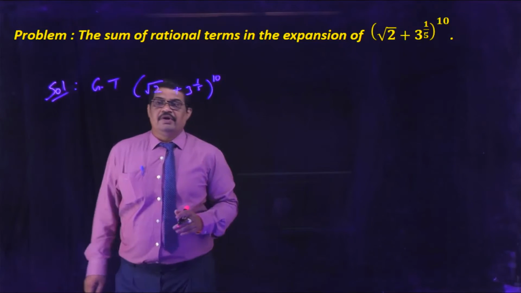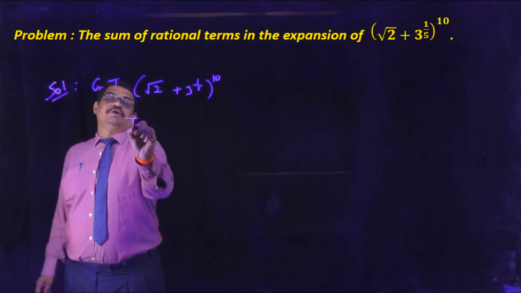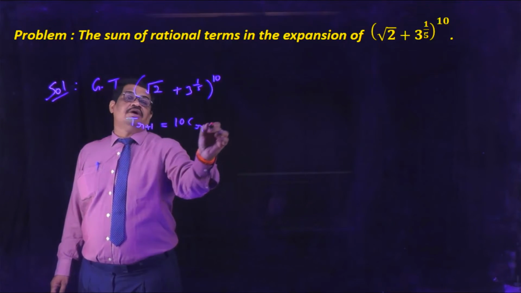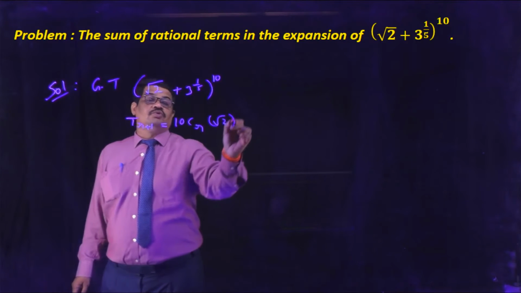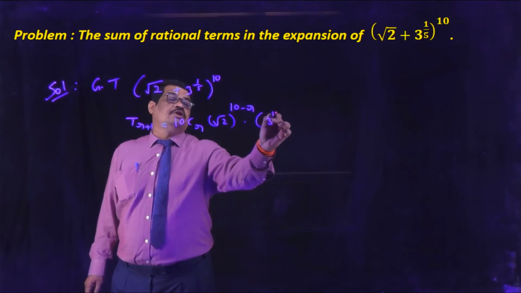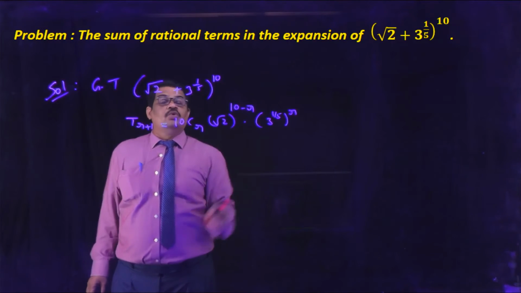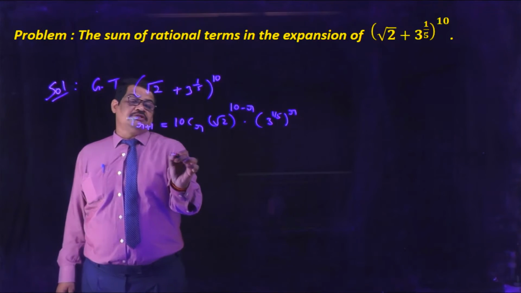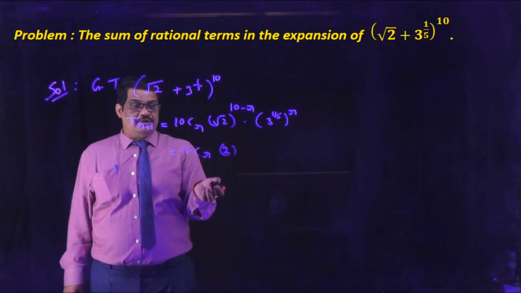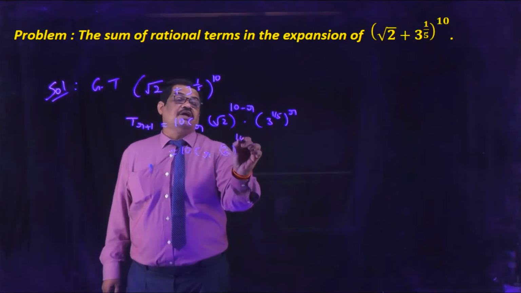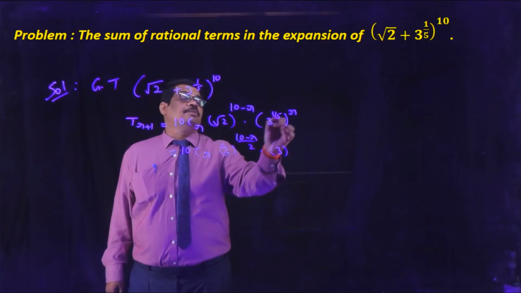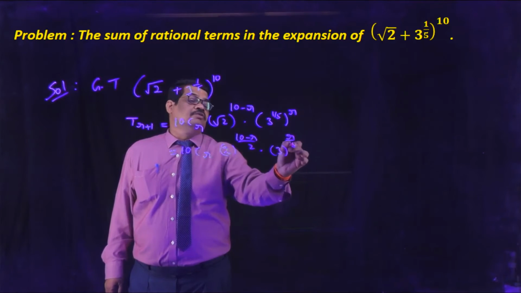Okay, now we write the general term, that is T(r+1) equal to 10Cr, the first term (root 2) whole to the power of 10 minus r, into the second term (3 to the power of 1 by 5) whole to the power of r. That is equal to 10Cr, here 2 to the power of 1 by 2 into (10 minus r), that is (10 minus r) by 2, into 3 to the power of 1 by 5 into r, that is r by 5.